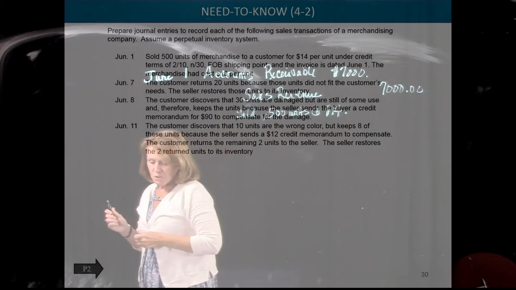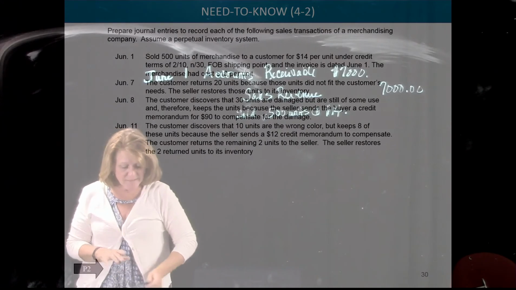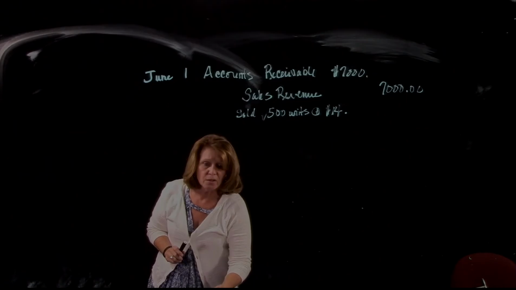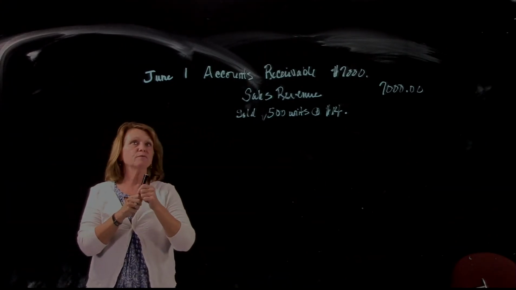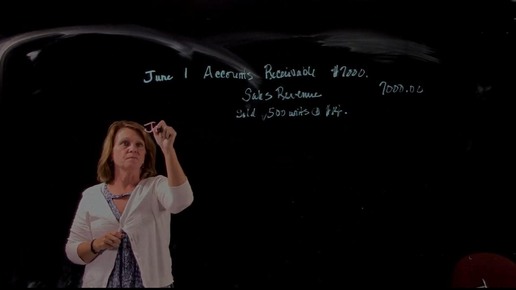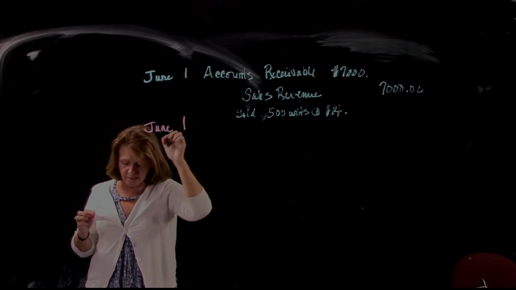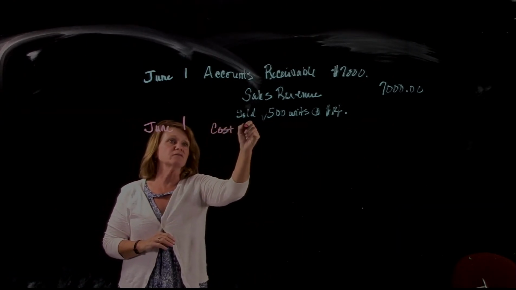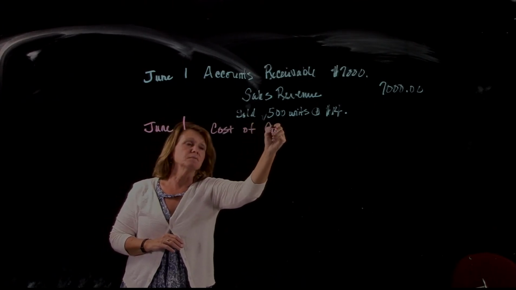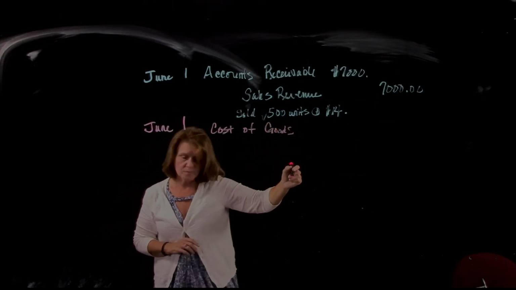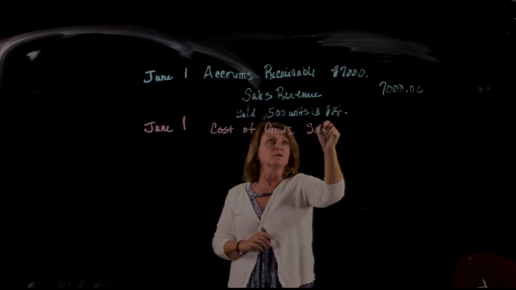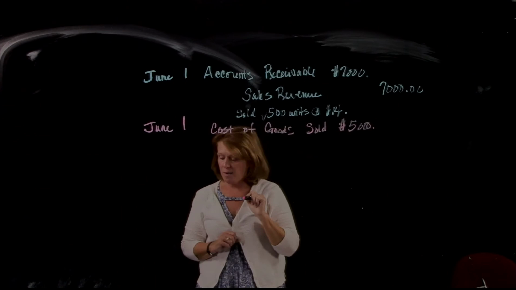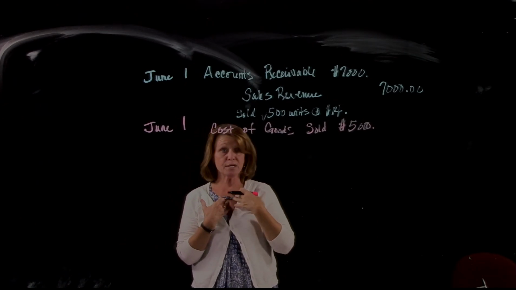Perfect. On June 1st, we have to make that second entry that I was telling you about, where we have to account for the merchandise. June 1. So we're going to debit cost of goods sold for $5,000, because that's how much the merchandise cost us.